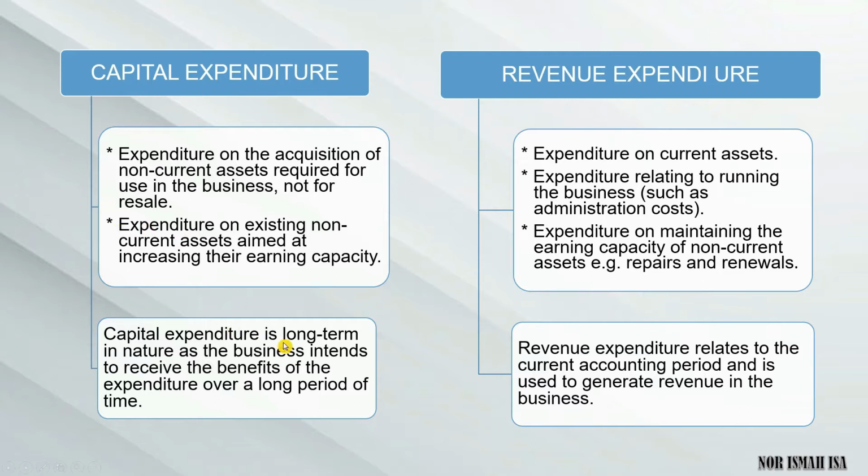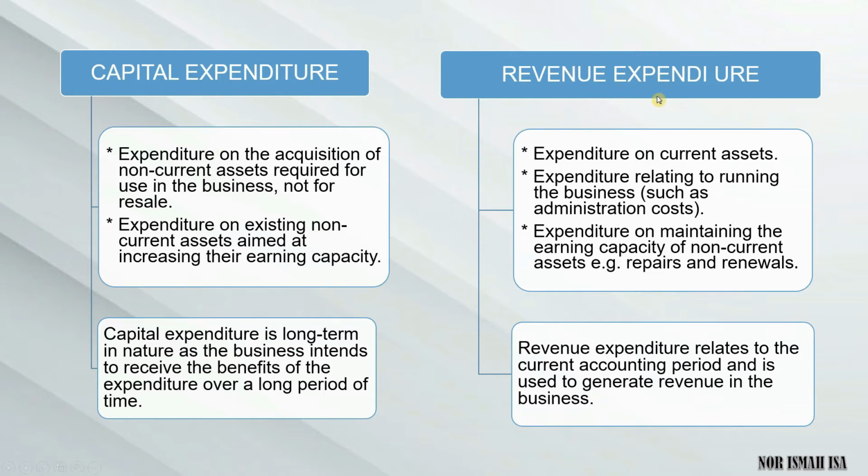The capital expenditure is long-term in nature, as the business intends to receive the benefits of the expenditure over a long period of time. So you know that capital expenditure is long-term in nature, and you expect that the company will receive the benefits from using it.